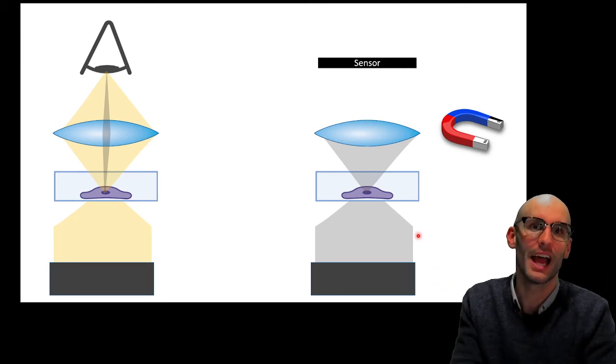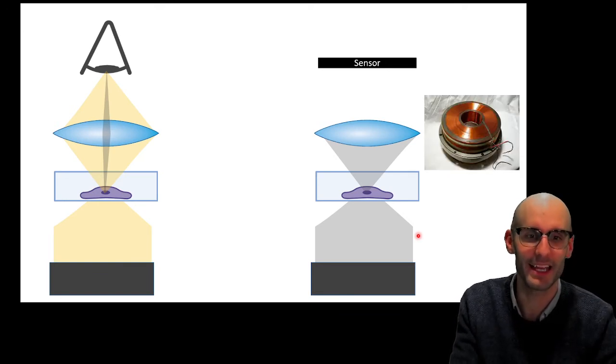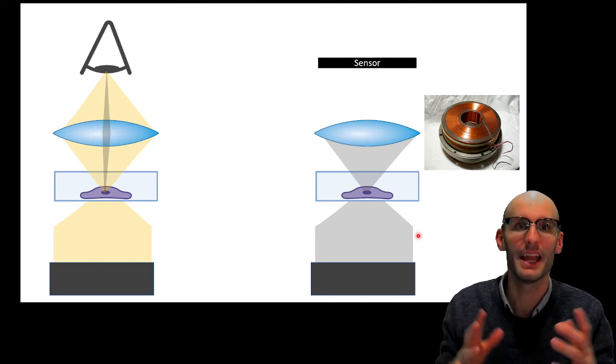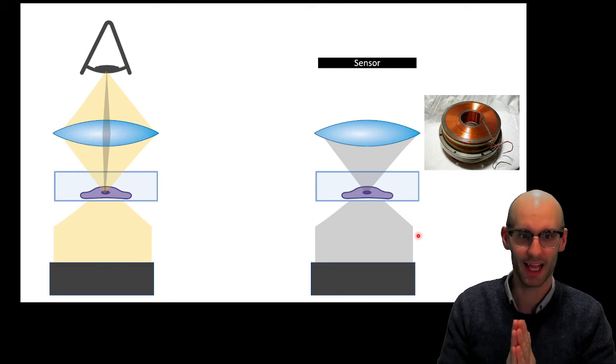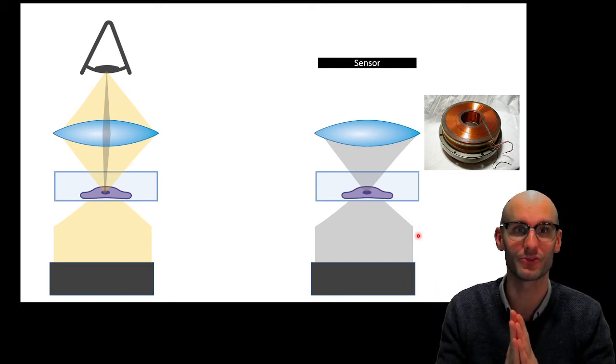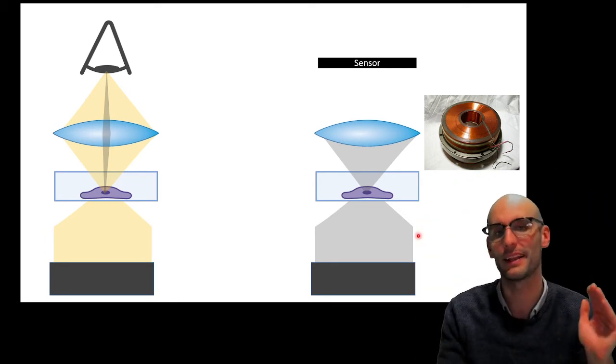Now we don't use naturally occurring rare earth magnets like that. We use electromagnets. They're basically magnets that can manipulate the path of the electrons, right? So if the electrons are flying out, they can redirect the magnets back in.